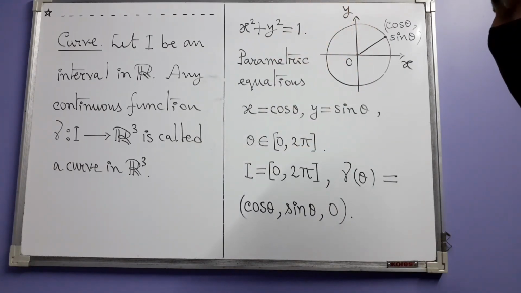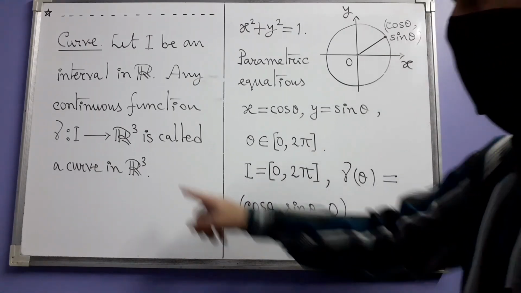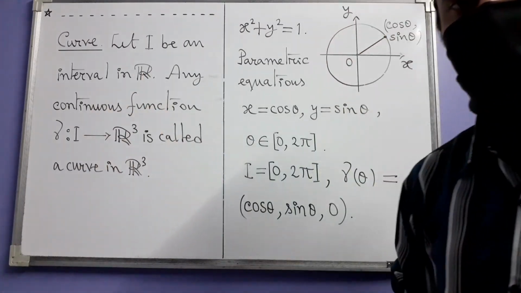Okay, but there are more things, right? Why do we need gamma to be continuous?